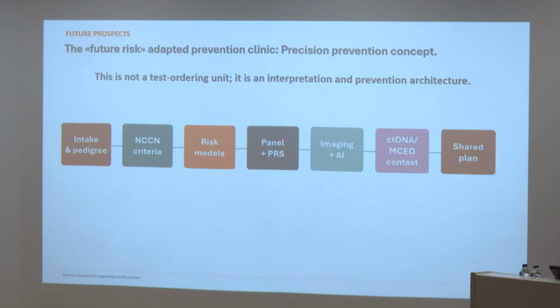So for the future prospects, the precision prevention concept will be adapted to our clinics, implementing all the modern tools, and the clinician will evolve from a test ordering person or test ordering unit to an interpretation and prevention architect.